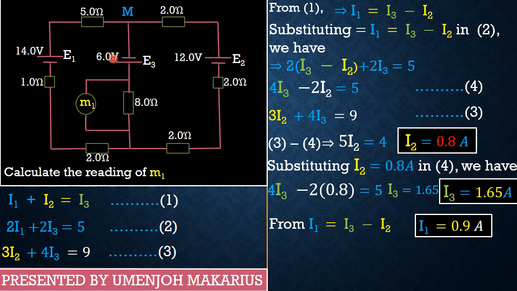So the question simply wants us to get the potential difference across the 8 ohm resistor. Since we know the current that is flowing through the 8 ohm resistor and we know the value of its resistance, we can calculate its potential difference. In this case, guys, we're going to use Ohm's law. Ohm's law is simply telling us that V is equal to IR, where V is the potential difference, I is the current, R is the resistance.